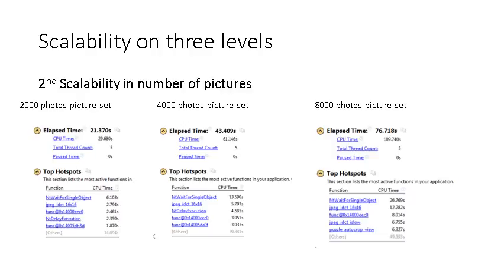Here we can see the difference increases as we increase the dataset size, which shows a more scalable solution is achieved if we increase the number of pictures.